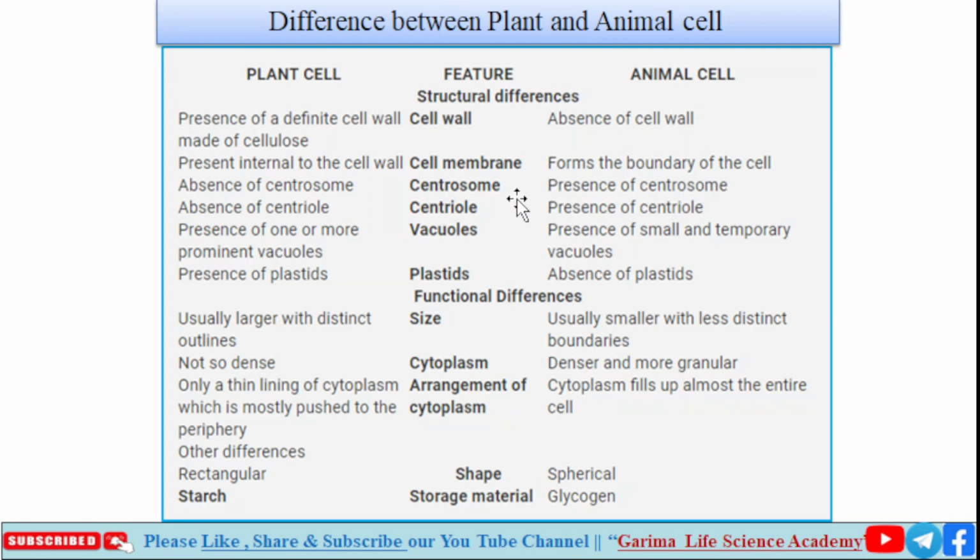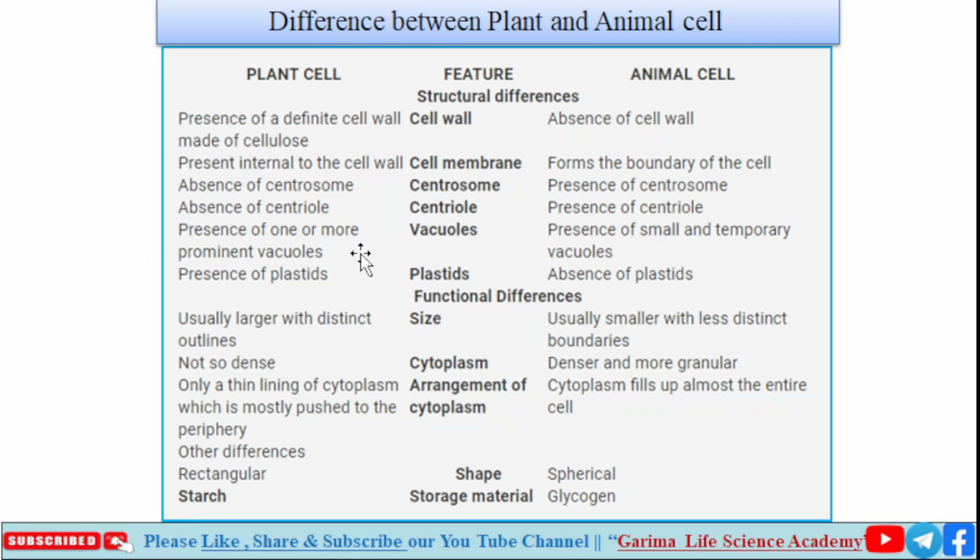The third feature is the centrosome. Centrosome is absent in plant cells but present in animal cells. Fourth is the centriole. Centriole is absent in plant cells and present in animal cells. The fifth characteristic feature is the vacuole.